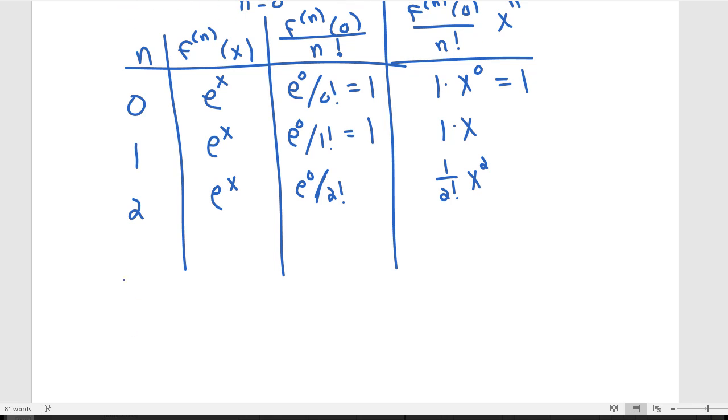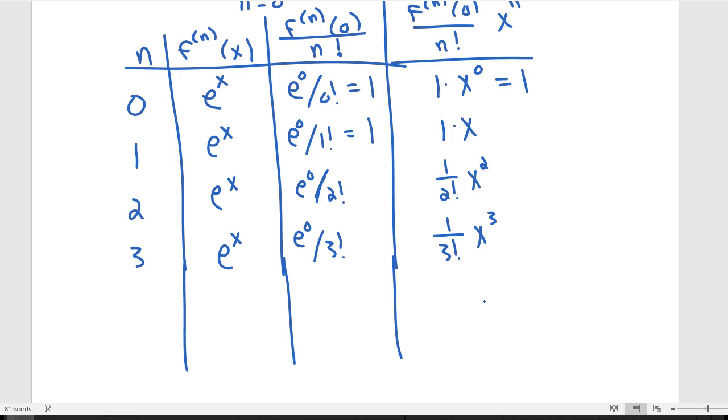Let's do a couple more terms. I think I can already start to see the pattern. The third derivative is the derivative of the second derivative, and I get e to the 0 over 3 factorial. E to the 0 is 1, so I have 1 over 3 factorial x cubed. It looks like the pattern is, for each n, x to the n over n factorial.